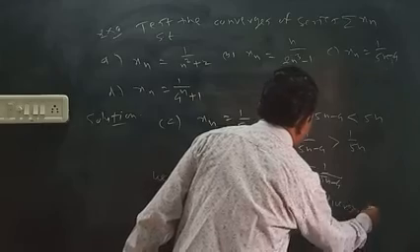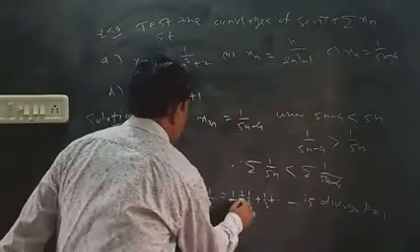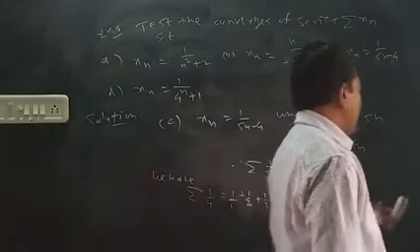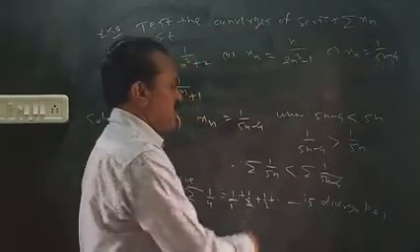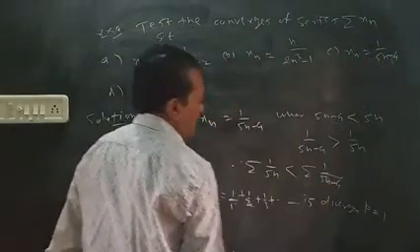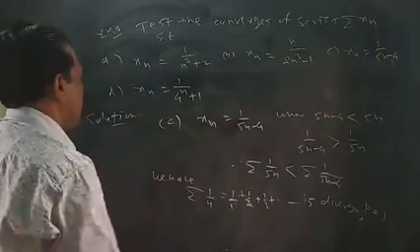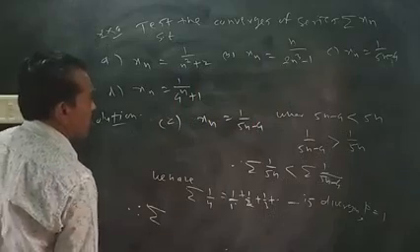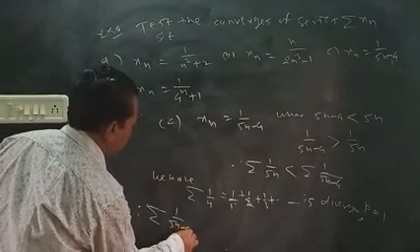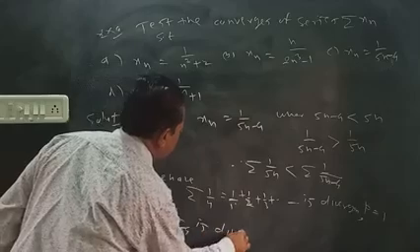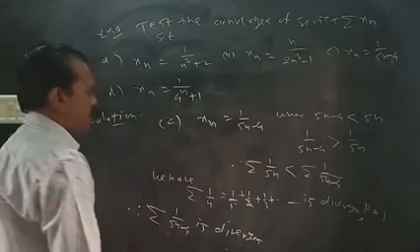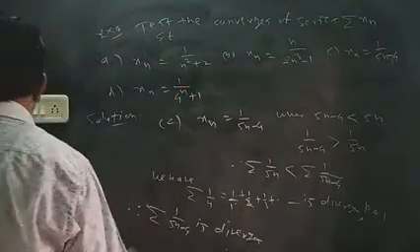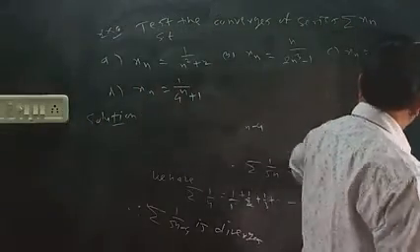Also by the p series test, p equal to 1, so it diverges. So the left side diverges, therefore the right side diverges. Therefore the series summation 1 upon 5n minus 4 diverges. Remember, if the left side diverges, the right side diverges; if the right side converges, the left side converges. So what is the difference?